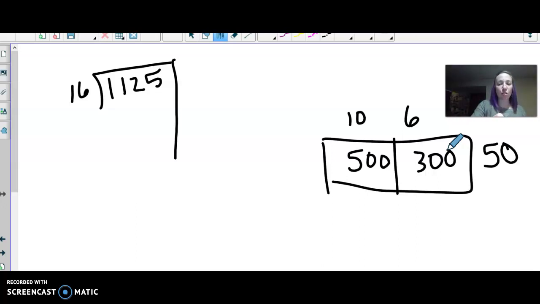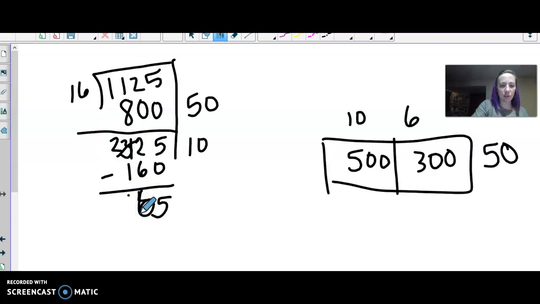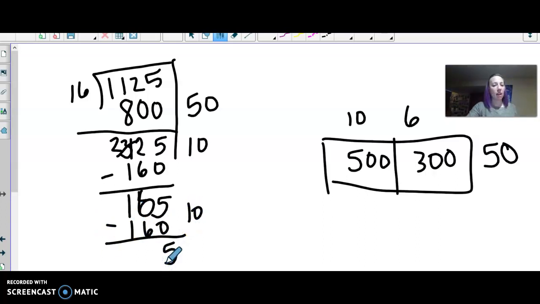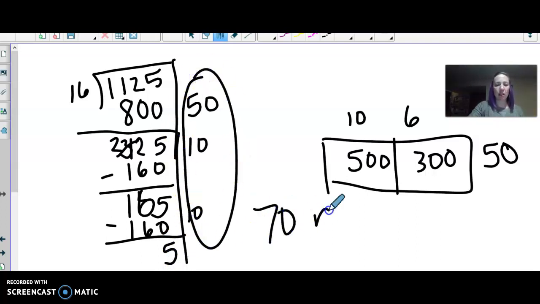So that's how I knew I wanted to do 50 groups, which was 800, which makes a little more sense. Gets me much closer. 325. All right, now let's do 10 groups, because that's 160. 6 and 1. Okay, I can do another 10 groups. 160. So, I get 70, remainder 5.